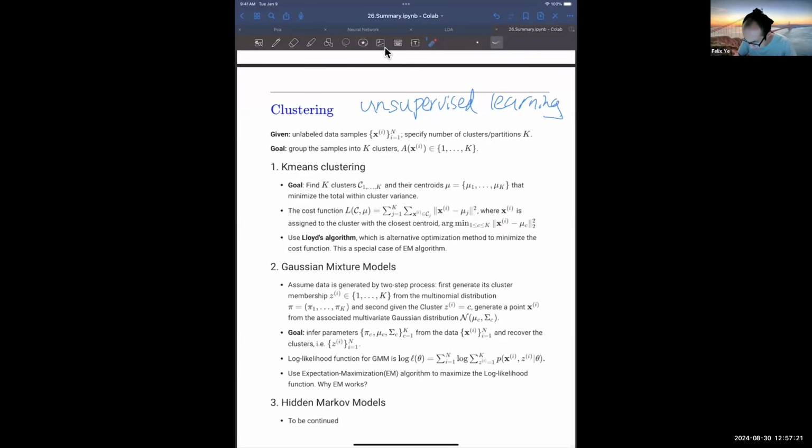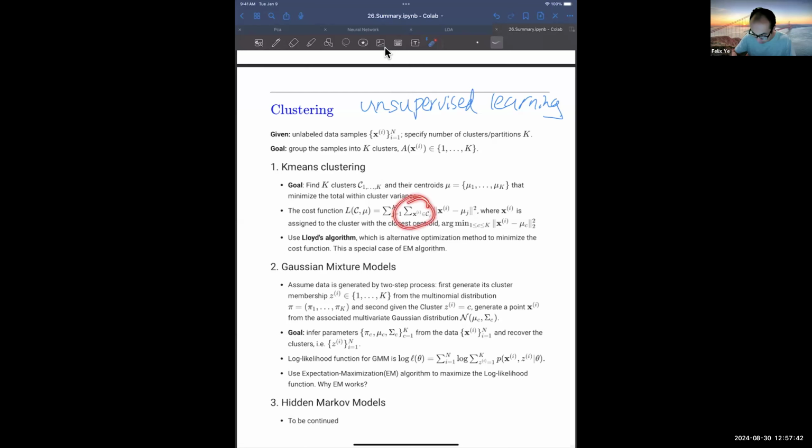So basically we go through all possible mu1 to mu-K, calculate the distance from x_i to mu1 through mu-K, and find out which one is the closest centroid, and that is the cluster that x_i will be assigned to.